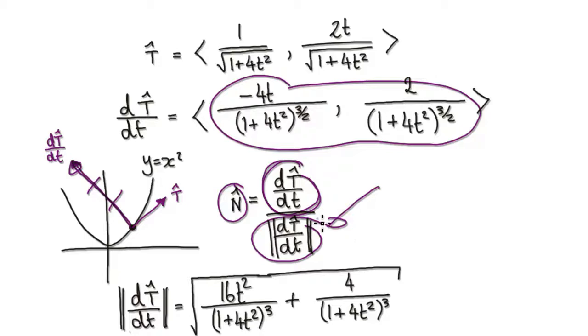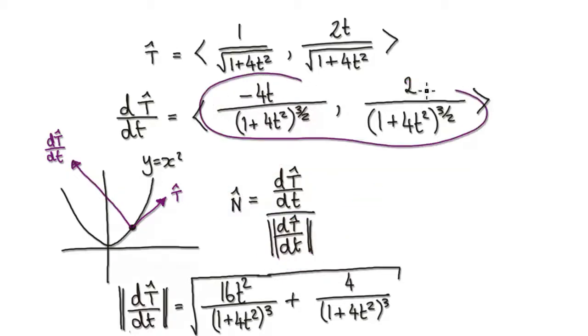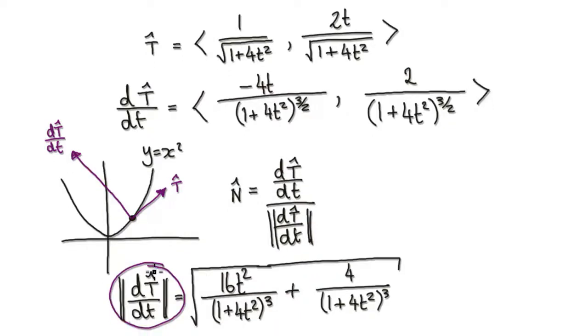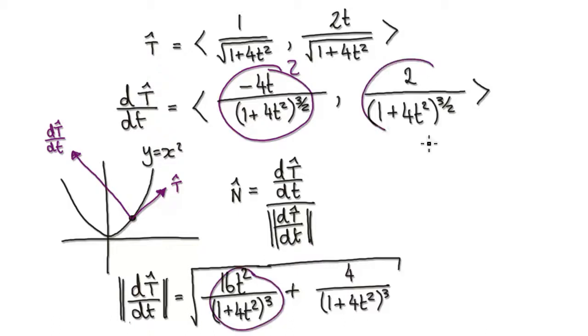So our next step is to find its magnitude. Going back to here, to find its magnitude, we need to use Pythagoras. Square this, that will give us this, and then square this, that will give us this, and then take the square root of the whole lot.